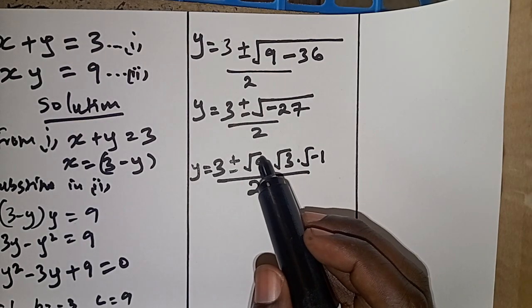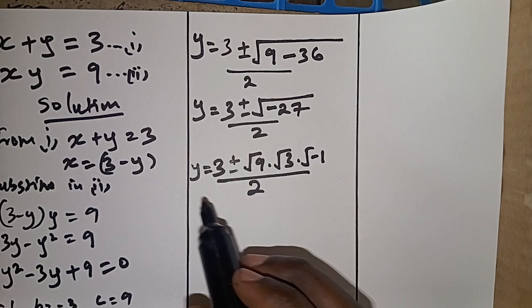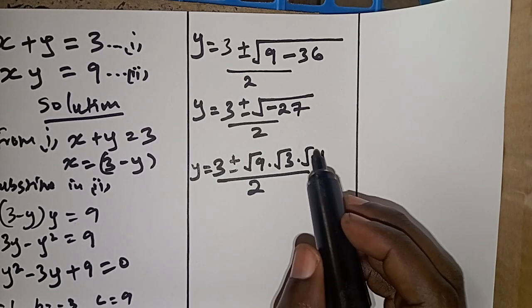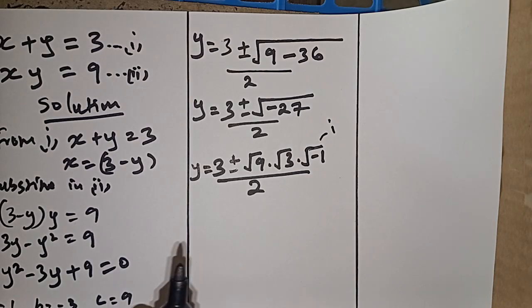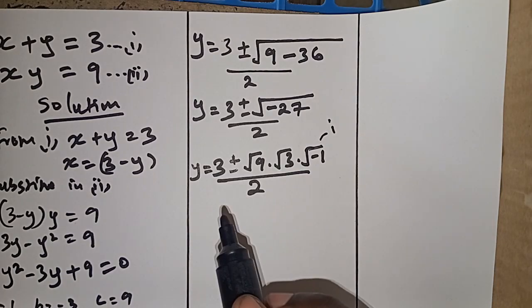I know root 9 gives me 3, and root negative 1 I represent as i, since it is an imaginary or complex number.